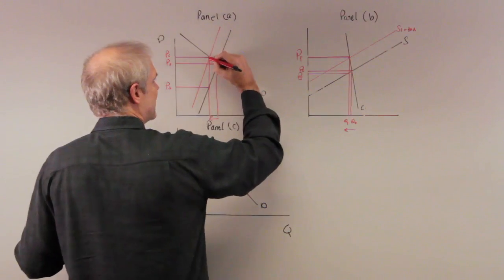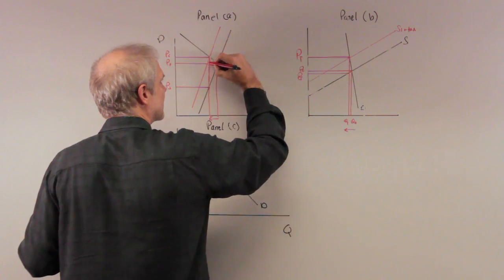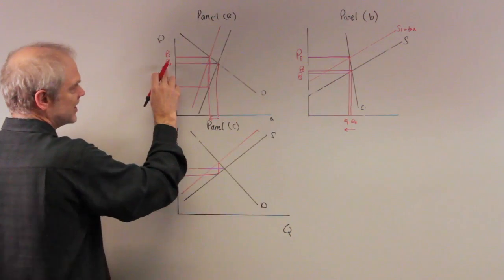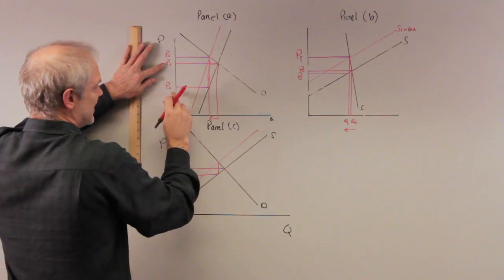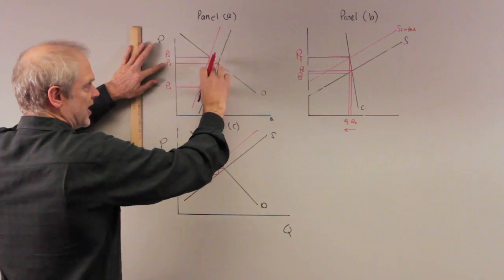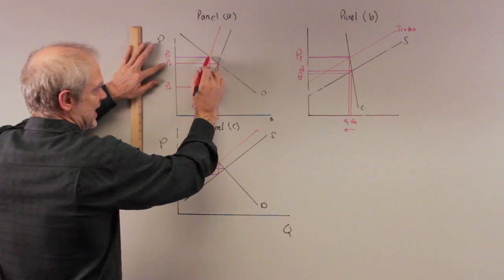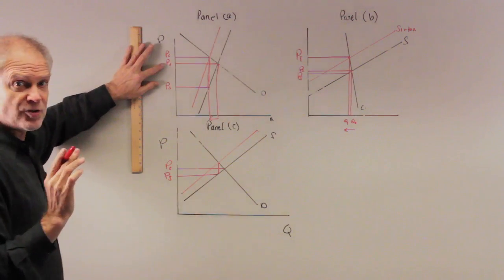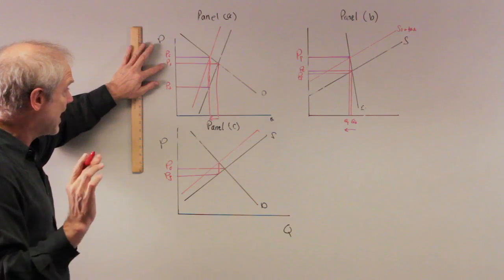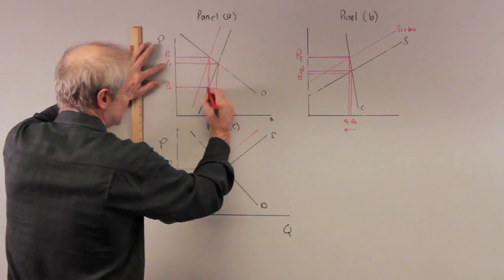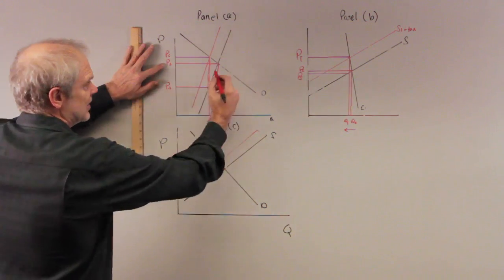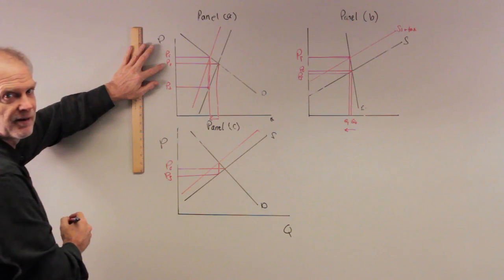And what happens is that this distance is the tax. If this is the original price, then the price received by sellers is PS. The government gets its tax, that's this distance right there. The consumers pay PC. So the after-tax price received by sellers is this right here. That is really a long way from that one up there.